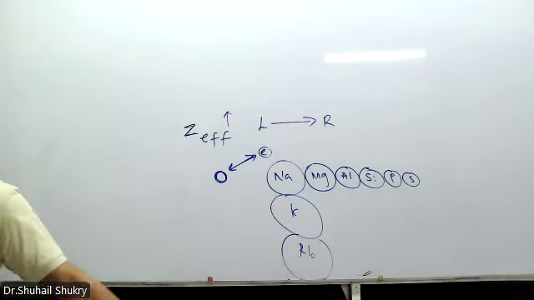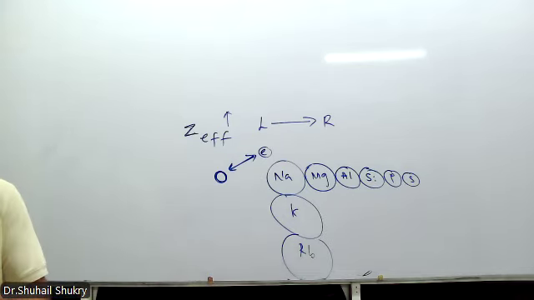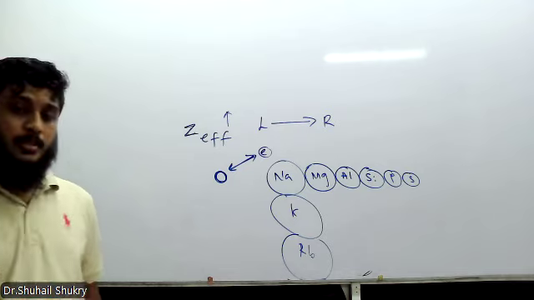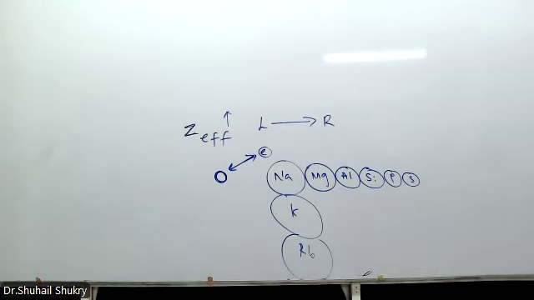Now I said the difference of what? The radius, how the radius changes. Come to the next page. So I have given there how the periodic table of the atomic radius, how the atomic radii are changing here.